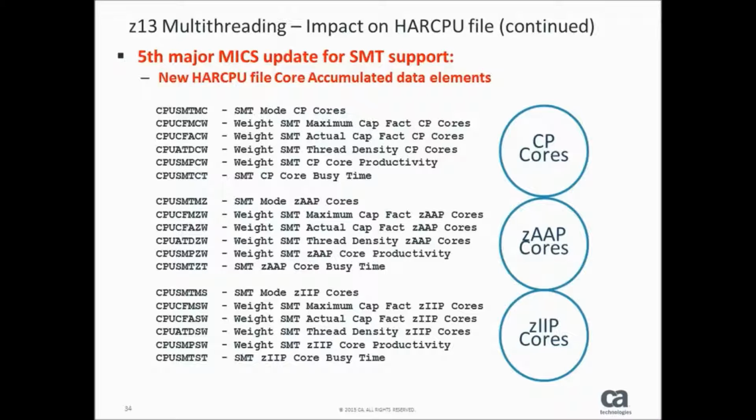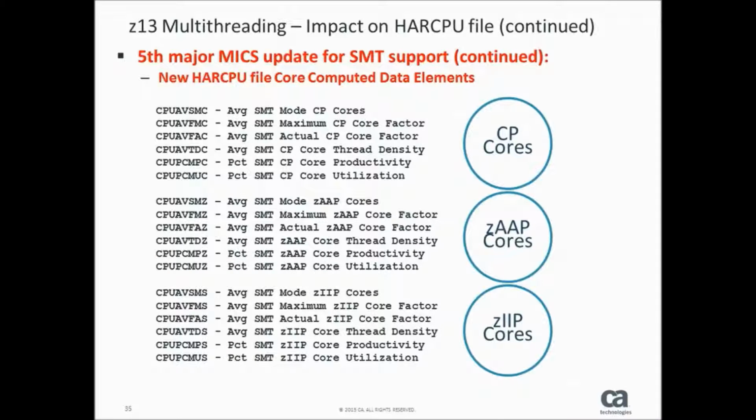So we have to show information about CP cores, ZAP cores, and zip cores. Again, ZAP is here for compatibility reasons. The z13 and going forward, we don't expect to see ZAP cores anymore. So these are accumulated elements, and then these are the averages that you can look at to find out how efficient, how well your workloads are operating in productivity mode.